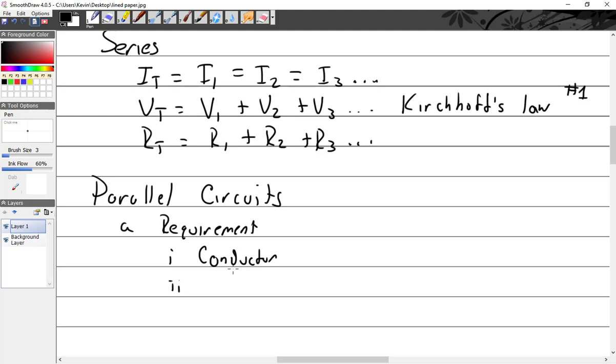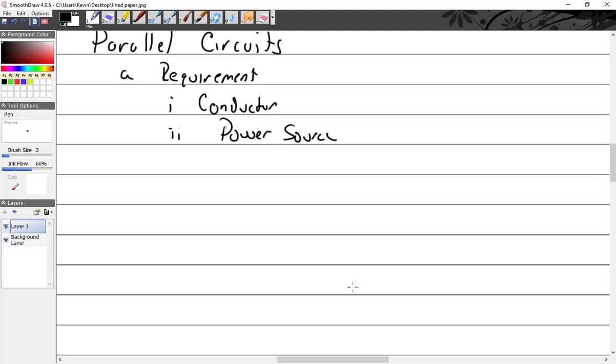We got to have a power source. We must have a load. And it must have more than one path for current.